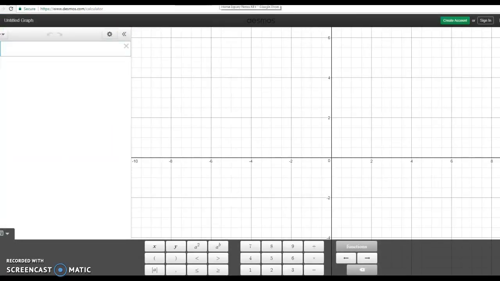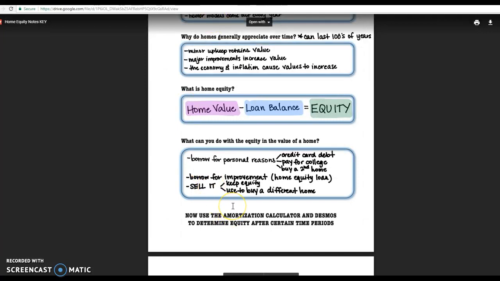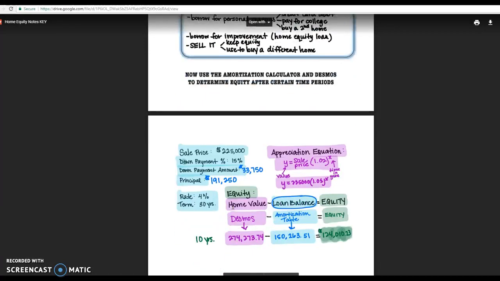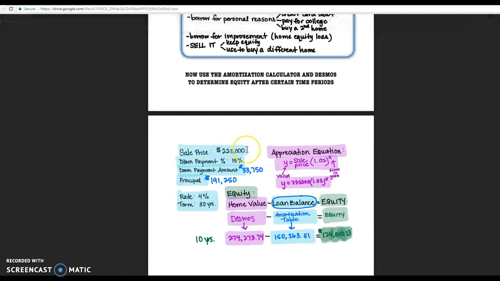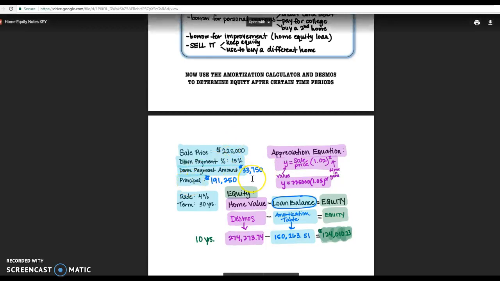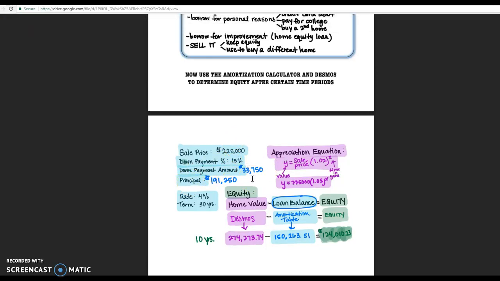So having said that, I just gave an example where we have a house with a sale price of $225,000 and a down payment of 15%. And the other thing we need is the down payment calculator that I shared in the second screencast, because that's how we came up with our down payment amount based on 15% and our principal, which is now the amount we're borrowing.